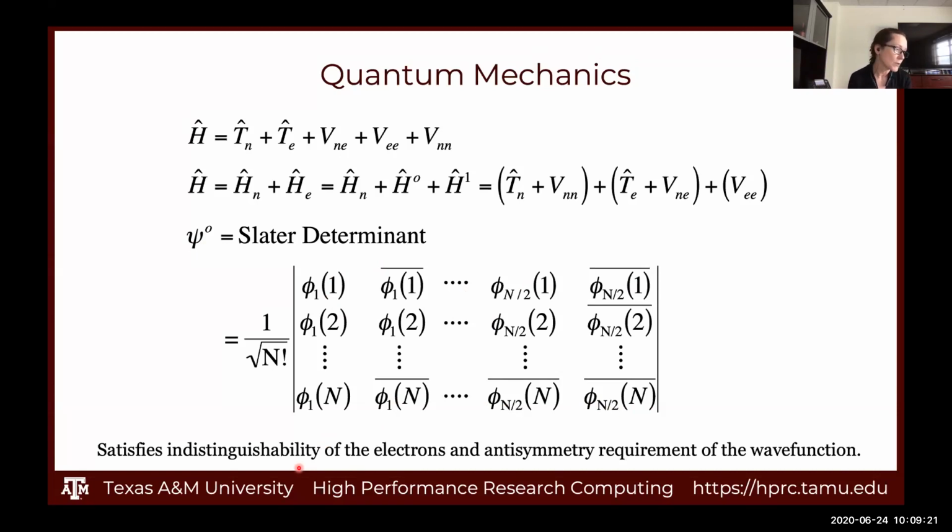Okay, so there's actually multiple ways of doing this, but this Slater determinant will always make sure that these rules are satisfied, and it is a good way to go forward to do these calculations computationally on the computer. So that's where we end up with all these matrix multiplications.